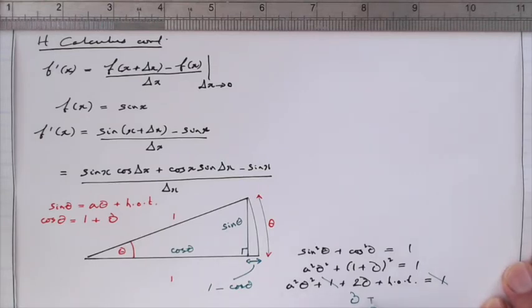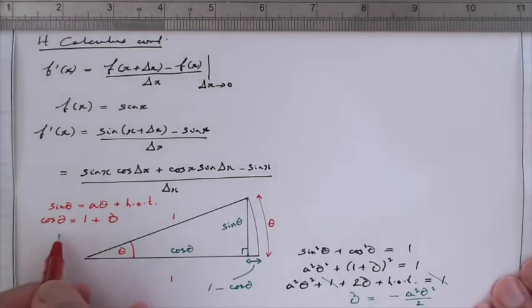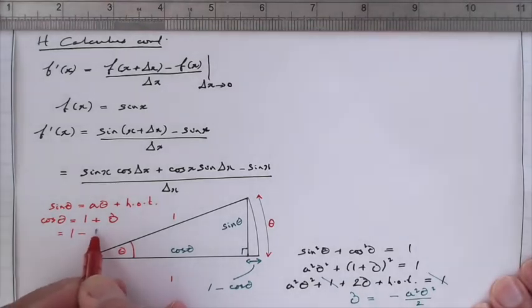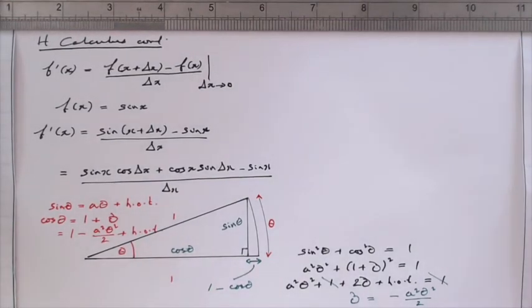So apple must be minus a squared theta squared divided by 2, which is a really nice result, and it's interesting for the following reason. What we have then is that cosine theta for small theta is 1 minus a squared theta squared divided by 2, plus HOT, higher order terms that we don't care about.